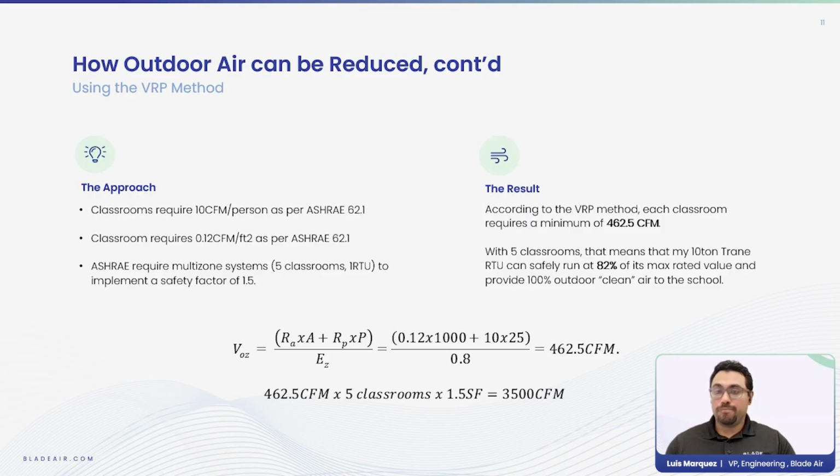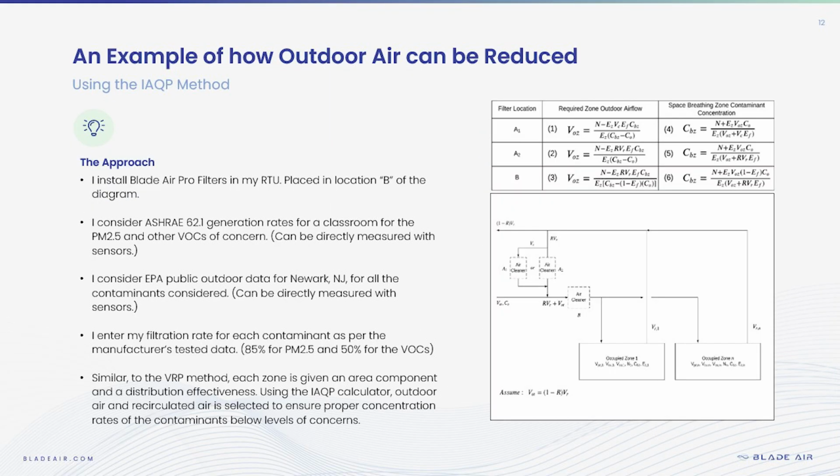is good for me. Let's see how the IAQP method takes the same problem. The key with the IAQP method is using air cleaning technology. So in my case, I'm going to use the Blade Air Pro filter. I'm going to put that into my system into the location B that you can see on the diagram on the bottom right.